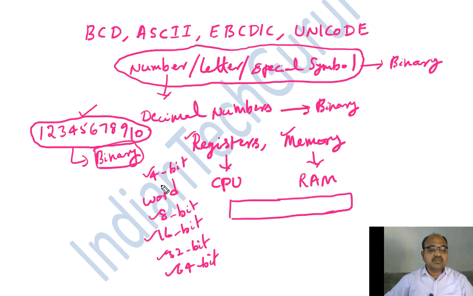And whatever the word length we have considered, for example, if it is an 8-bit word, then if this particular number results in 23 binary numbers, then how could we accommodate these 23 binary numbers in this 8-bit register? It is not possible.